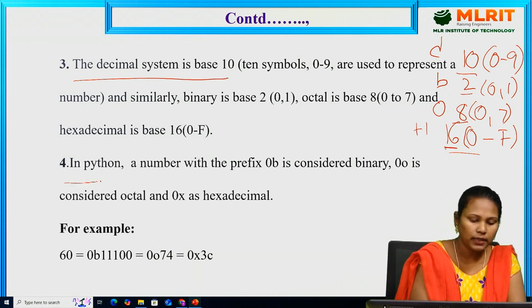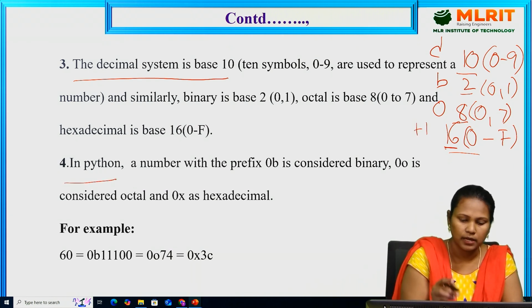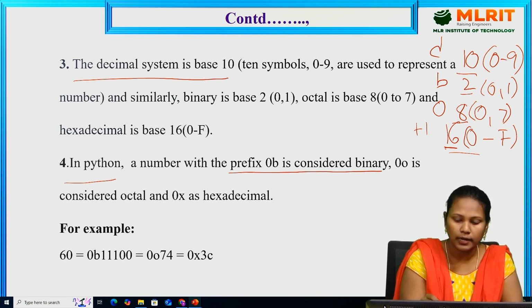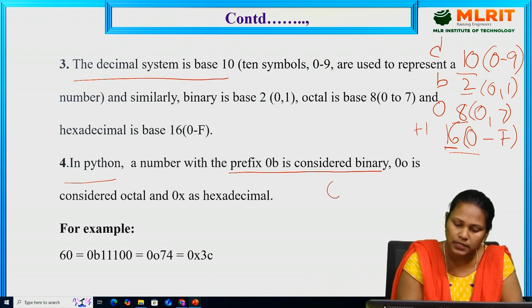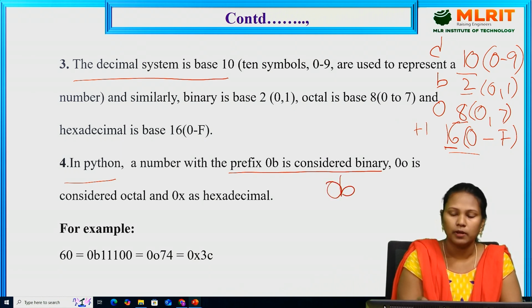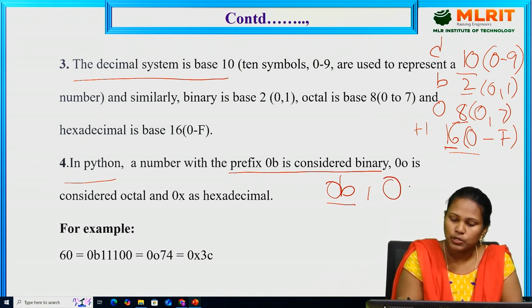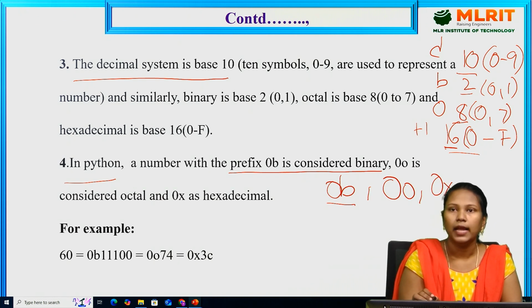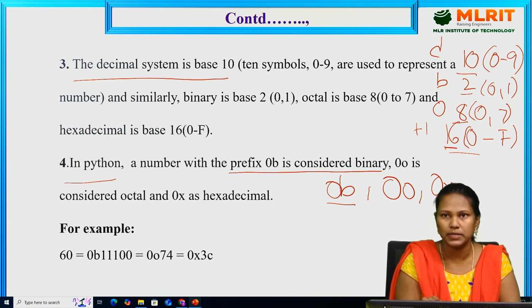In Python, a number with the prefix 0b is considered binary. The next one, 0o, is the octal representation. The next one, 0x, is the hexadecimal representation.